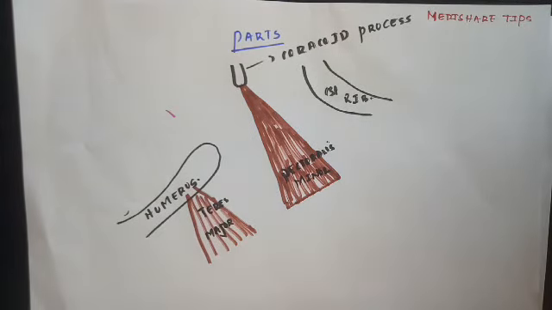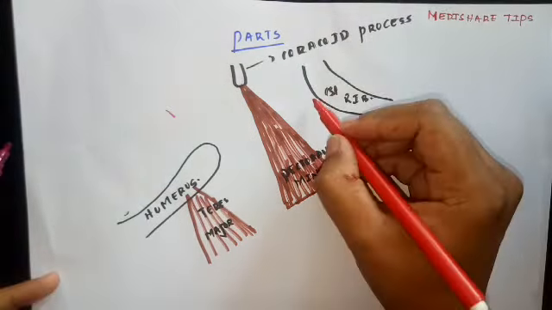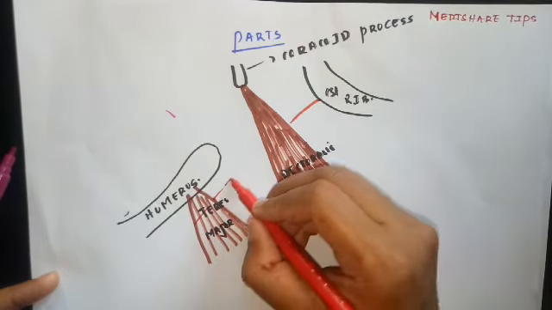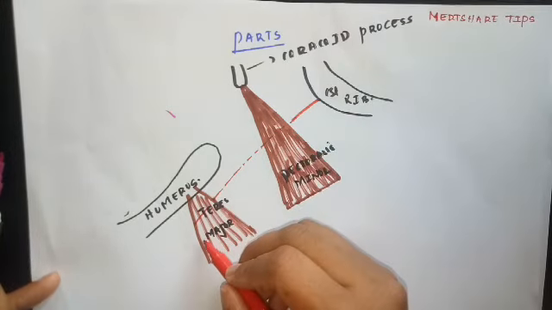Know that the axillary artery extends from the outer border of the first rib to the lower border of the teres major muscle.